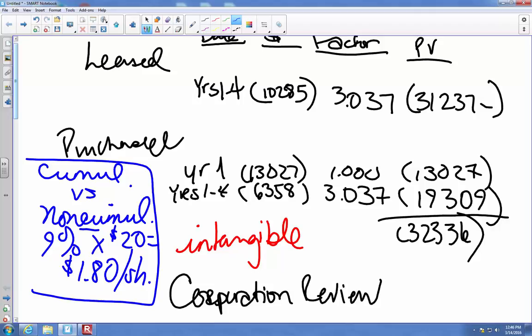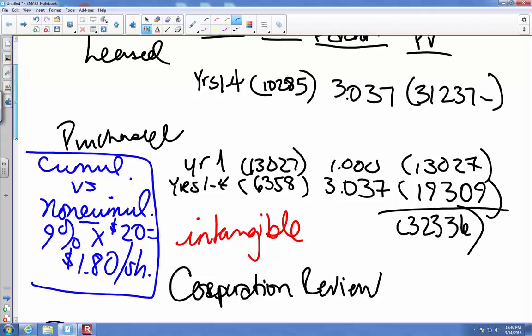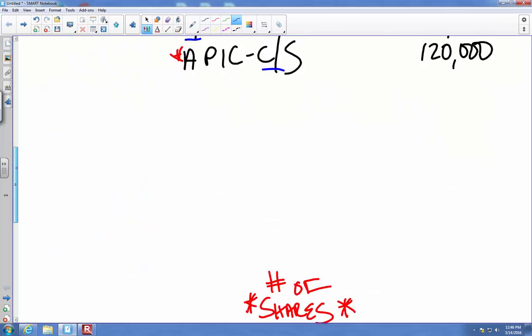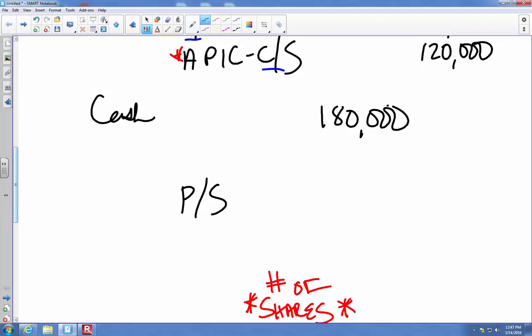Okay, so basically what happens here is you end up having to debit it, don't you? And there's nothing magic about that. The only thing that you have to be concerned with is if you have a balance in that paid-in capital account that can absorb it, right? So I got cash of 180,000. I always do that first. Then I jump ahead and I put the par value in my preferred stock account.